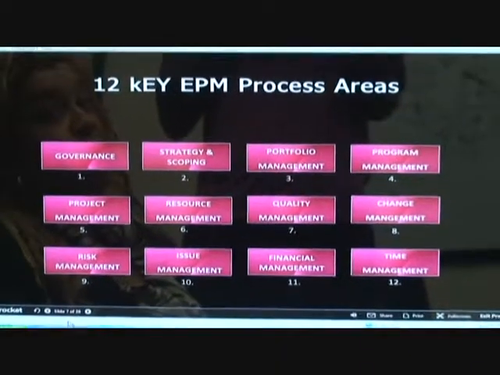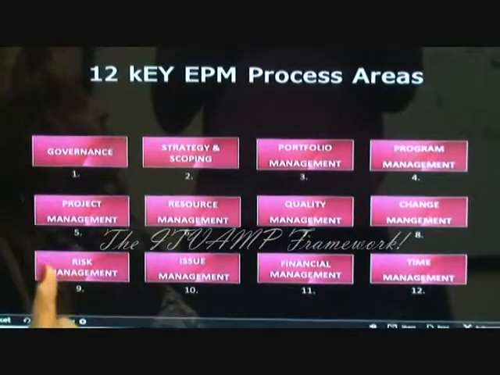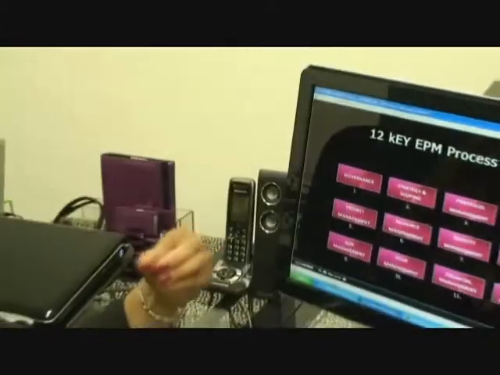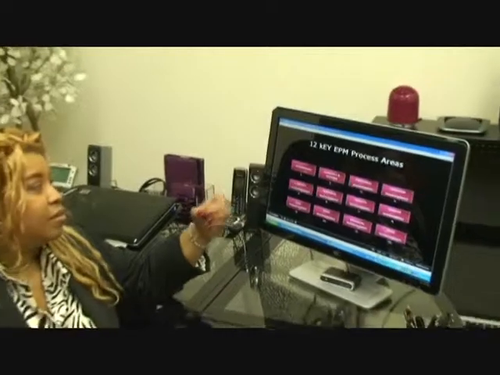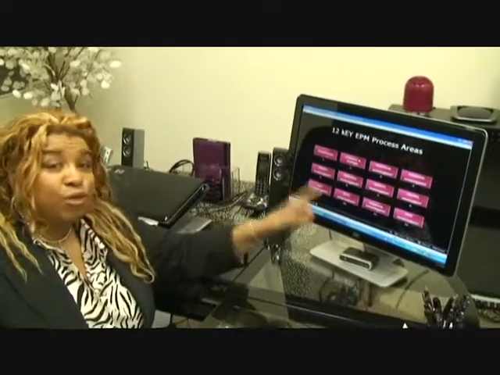We have 12 key EPM process areas, and we're going to talk about those today. That's what ITVAMP has developed. So, the first area is governance. Governance is the area that's required to make sure that everything happens. Strategy and scoping. How do we strategize our projects? Portfolio management.